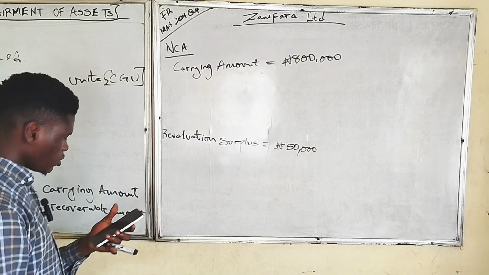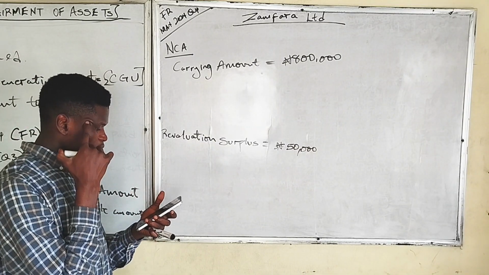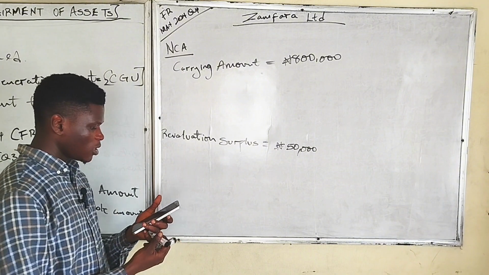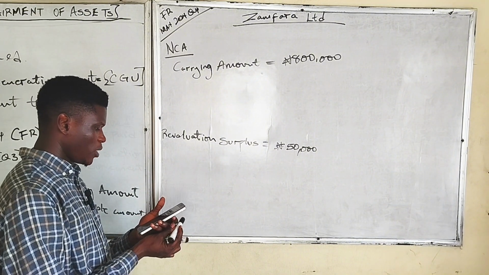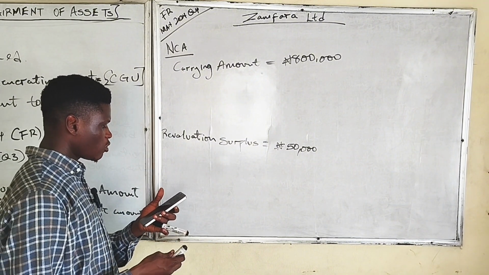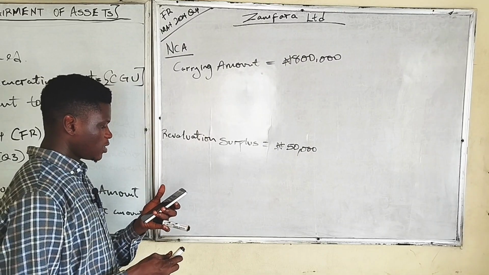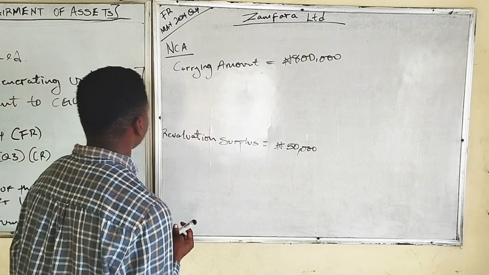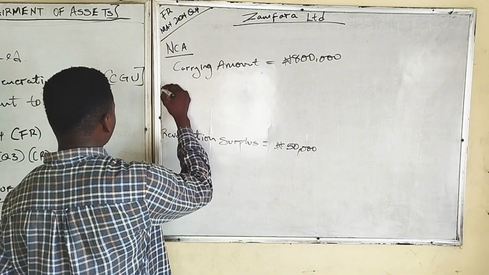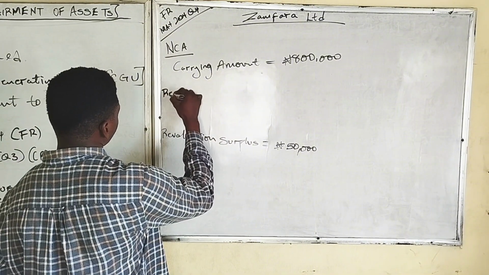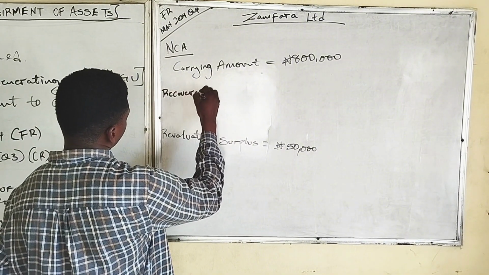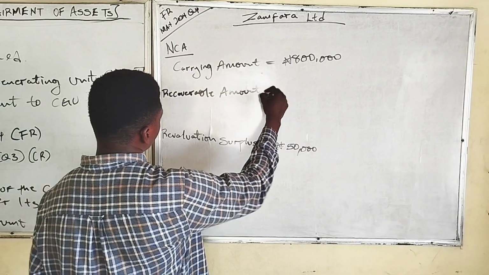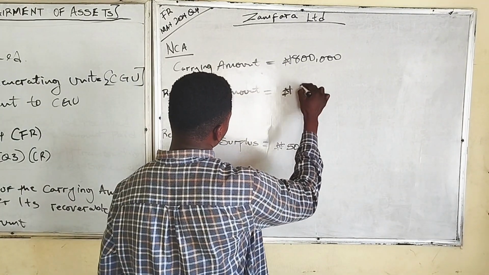Then the next is relating to the revaluation reserve. At the end of the financial year, Zamfara Limited suspected that the asset had been impaired. It therefore estimated the recoverable amount of the asset and found this to be 600,000. So the recoverable amount is 600,000.